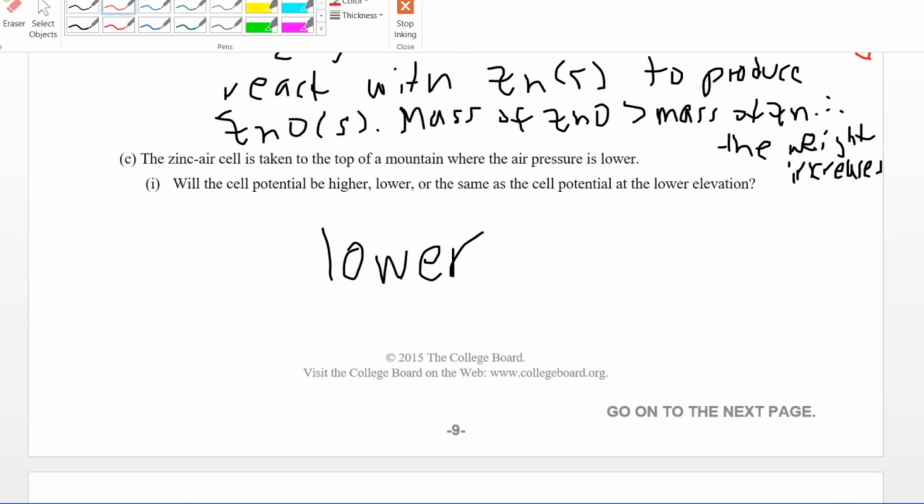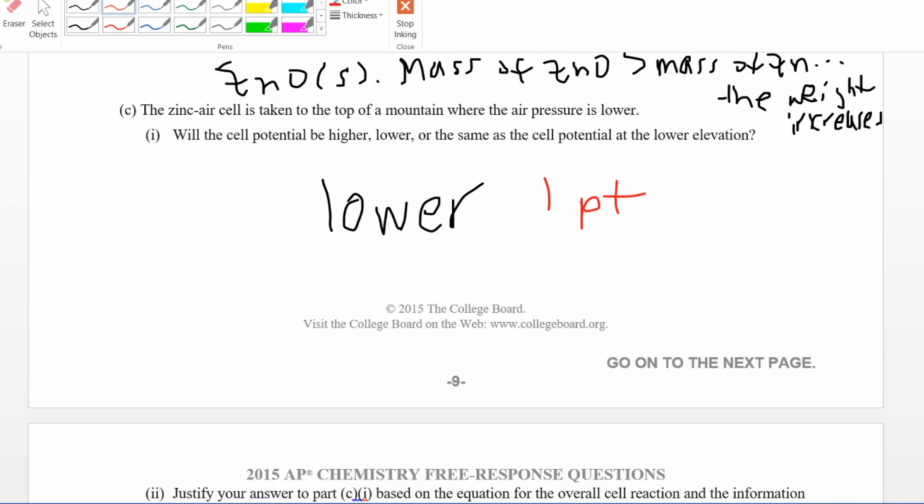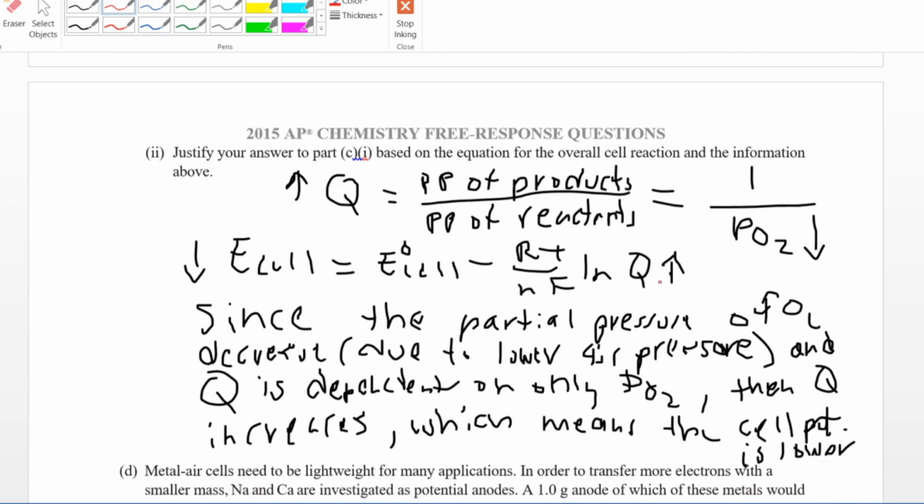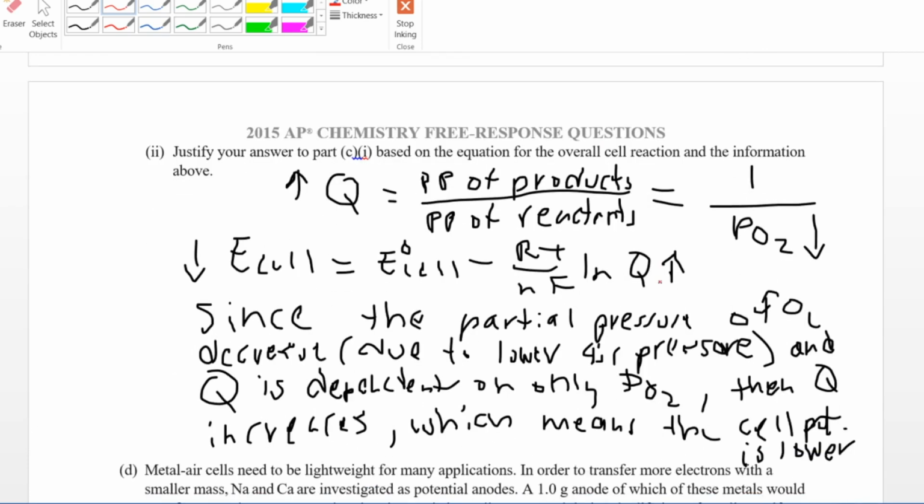For part C, it's 1 point for saying that it's lower, and another point for the justification that relates it to a lower pressure or concentration. You could have said concentration because both are interchangeable in this case. We're talking about Q of O2 gas, or a quantitative approach using the Nernst equation; we'll use both of them in this case. So that is also 1 point for us.